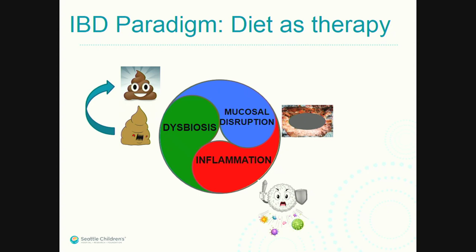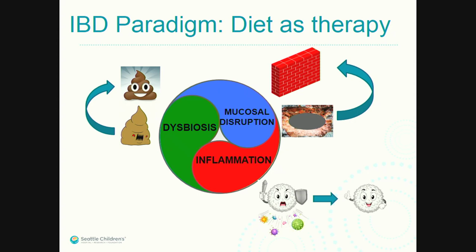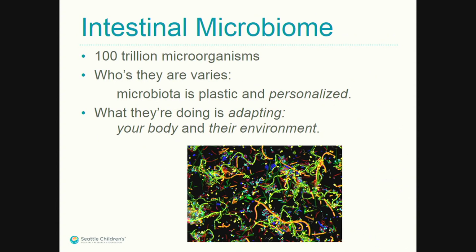And diet, by removing some of the things that we think are breaking down the mucosa, allows that barrier to be put back up and keeping away the bacteria from the immune system. And it is likely also to have a direct effect on the immune system itself. So let's go through each one of those areas step by step.